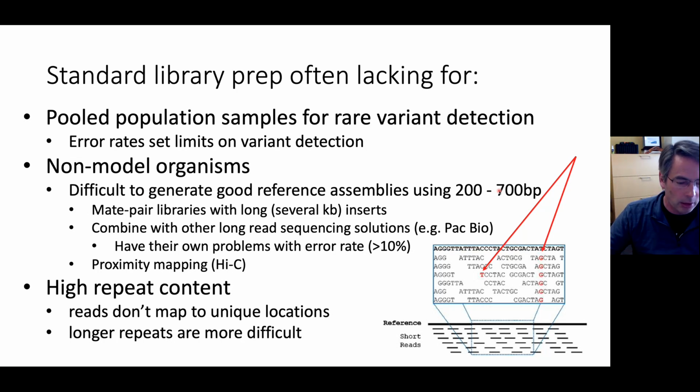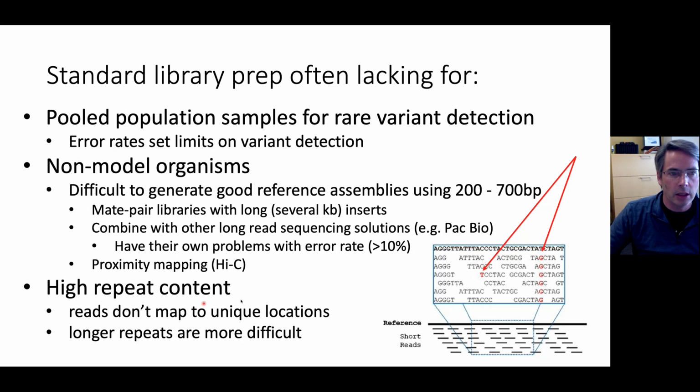It really makes it hard to map things uniquely. It makes it hard to assemble genomes. Just a lot of problems arise, and a lot of bioinformatics, frankly, has grown up around having to deal with short read sequencing. So I'll talk about some ways that have developed to avoid those problems.